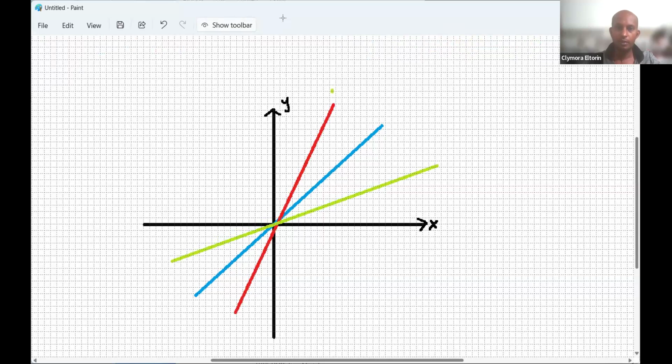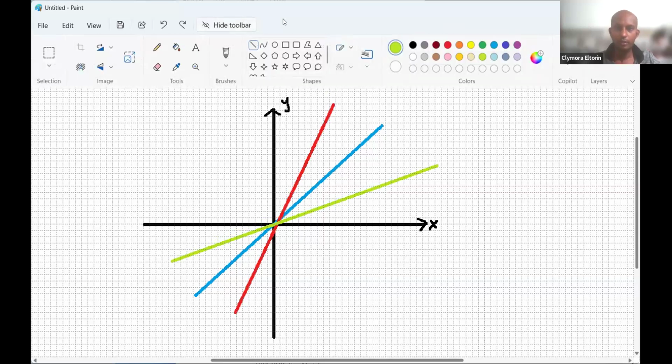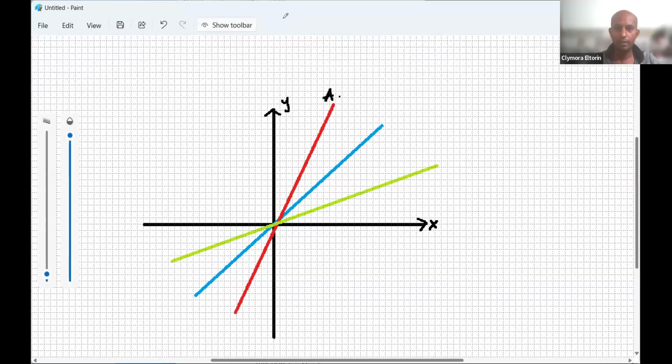I'm going to name them: this is graph A, and this is graph B, and this is graph C. There are three formulas: y = x, y = 3x, and y = half x. So which are suitable for here?